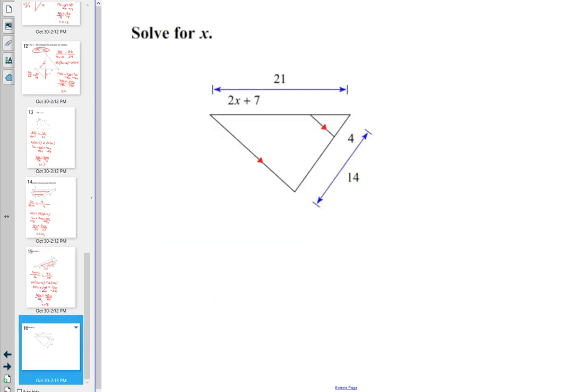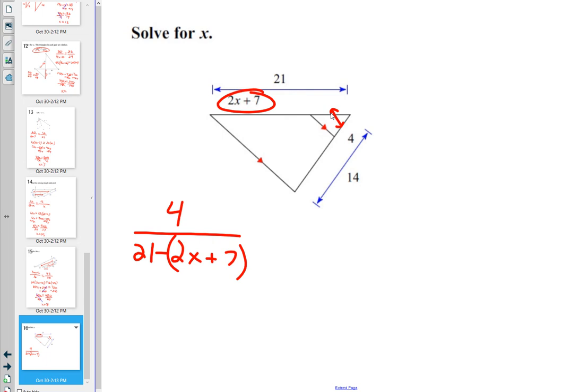All right, last one. Let's use parallel proportionality theorem. So the 4, this is where it gets a little tricky. The 4, I would have to compare it to the 21 minus 2x plus 7, but that 2x plus 7 would have to be in a parenthesis, because I have the entire distance minus that.